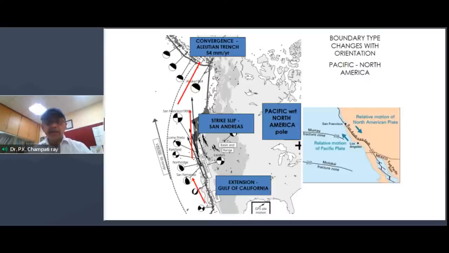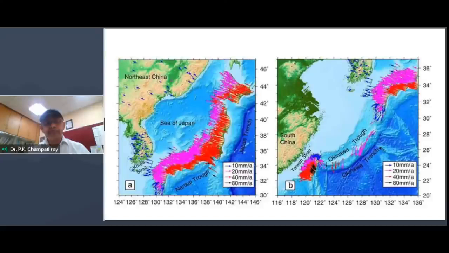And that is the reason why people want to measure how far the plate is moving and how fast it is moving, to tell something about the earthquakes and associated geological phenomena.